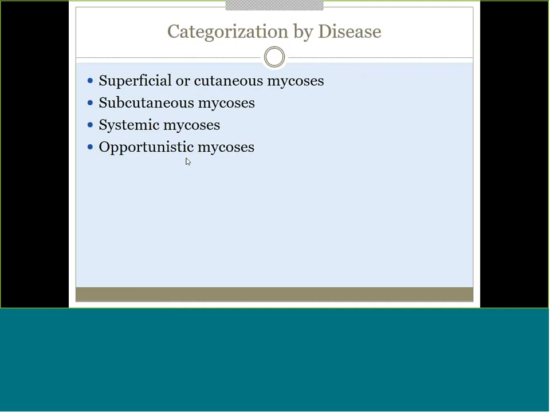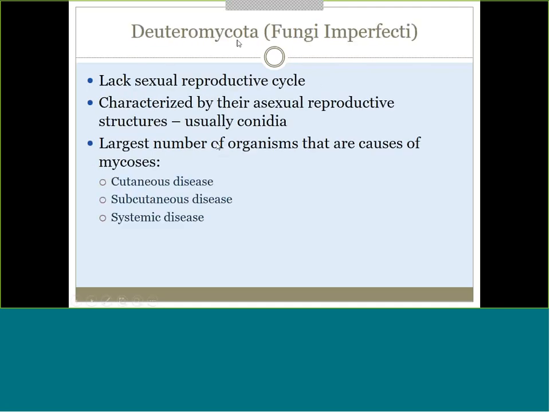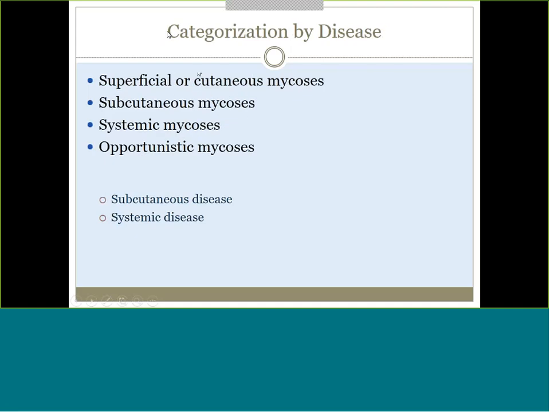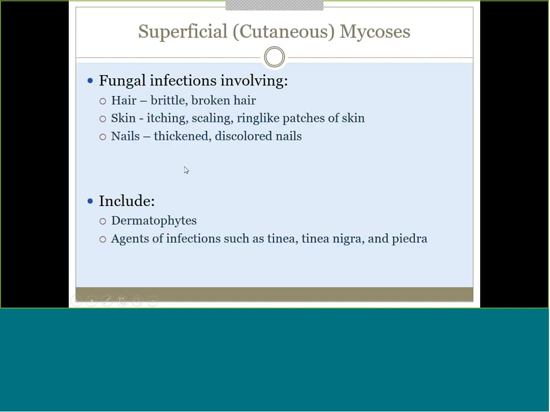Because as far as I'm concerned as a clinical laboratorian, I'm worried about the clinical disease. I'm worried about what's happening with the patient. I'm not as much into the science of Deuteromycetes. I'm more worried about what kind of disease we are dealing with. If it's a cutaneous infection, I know it could be one of these molds, that kind of thing. So I'm more worried about this kind of categorization.